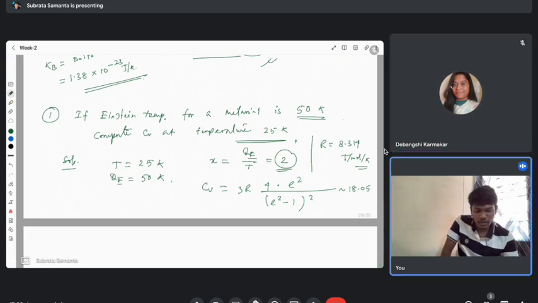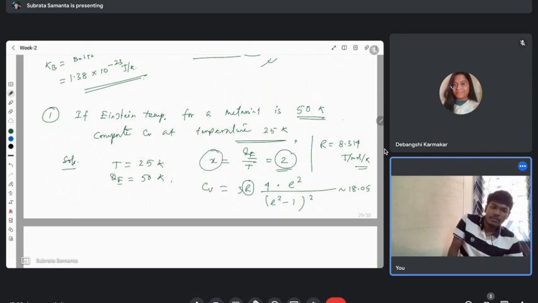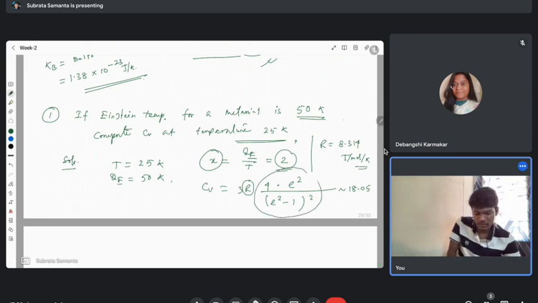The unit comes from R, because there is no other quantity with dimensions. x is dimensionless, since it is a ratio of temperatures, and the rest is just a constant, so the only dimension is from R. So the unit of R is actually the unit of C.